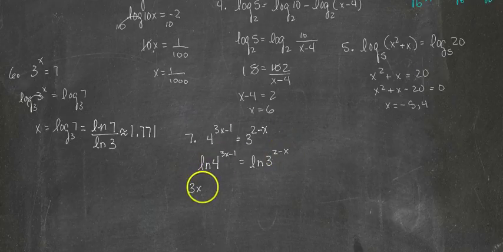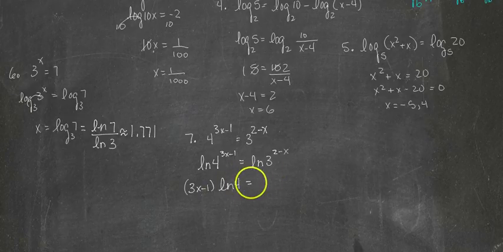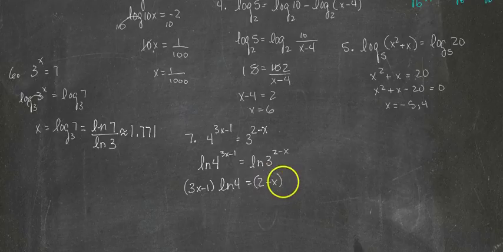So I can get 3x minus 1 times the natural log of 4 equals 2 minus x times the natural log of 3.